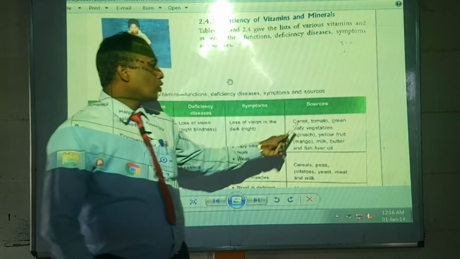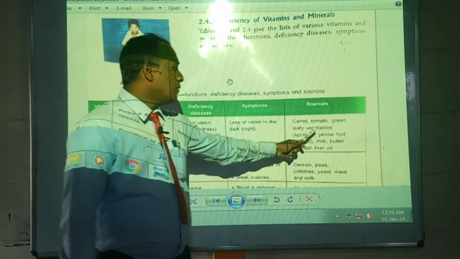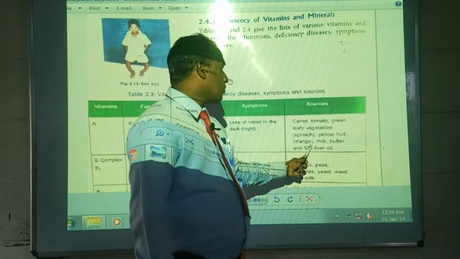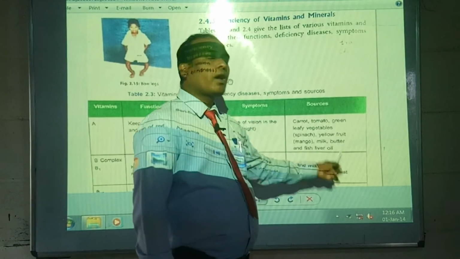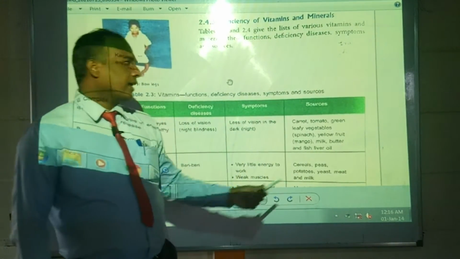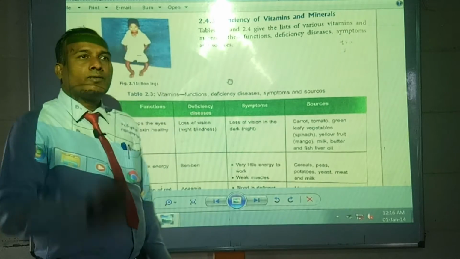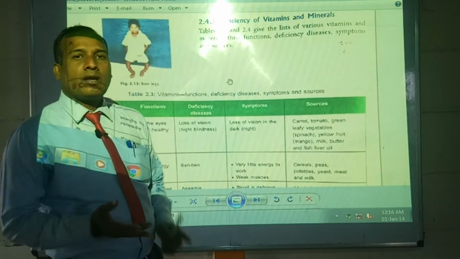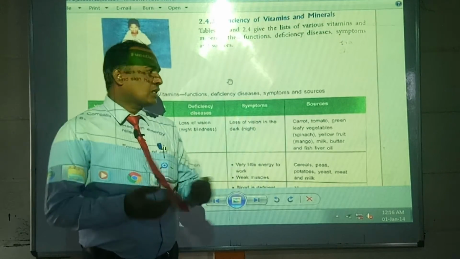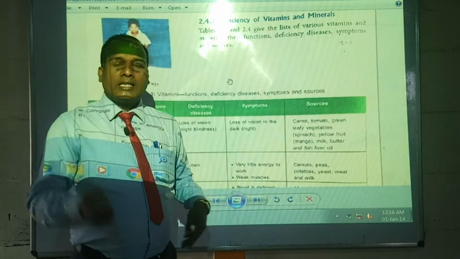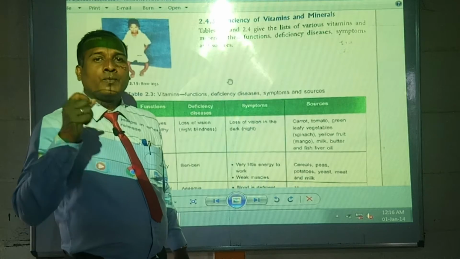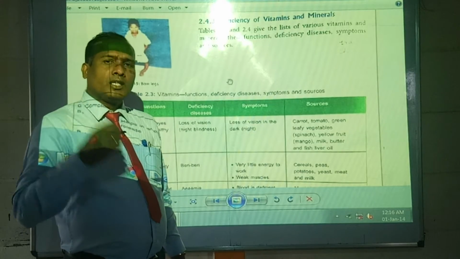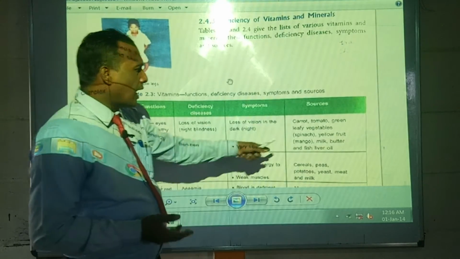What are the sources? Carrot, tomato, green leafy vegetables, yellow fruits, mango, milk, butter, fish liver oil. If you take such foods, we will get plenty of vitamin A and we won't face eye problems. So every day you have to take milk, carrot, green leafy vegetables, and liver if you take non-veg.